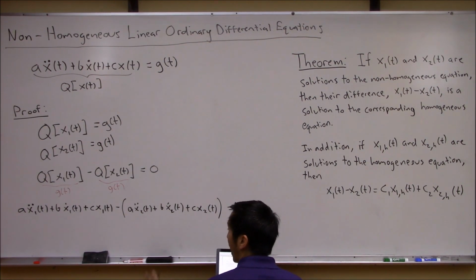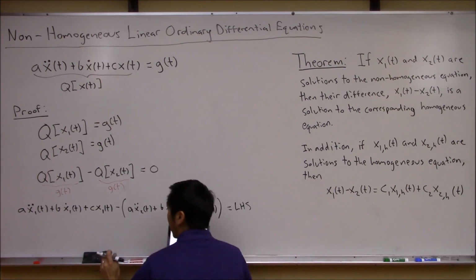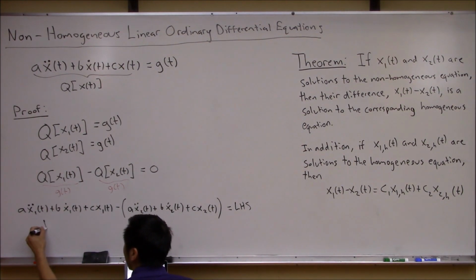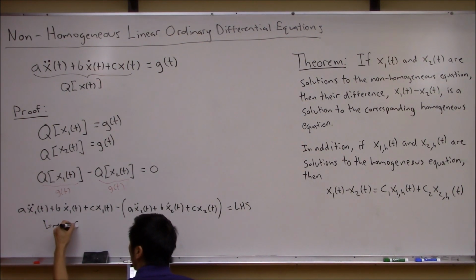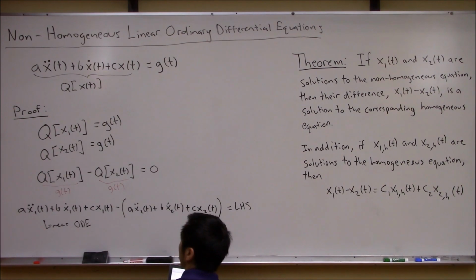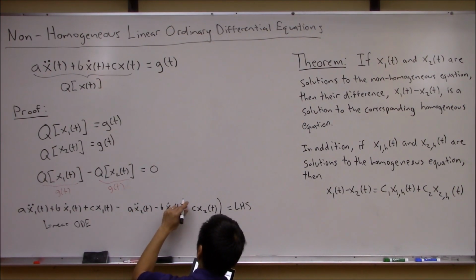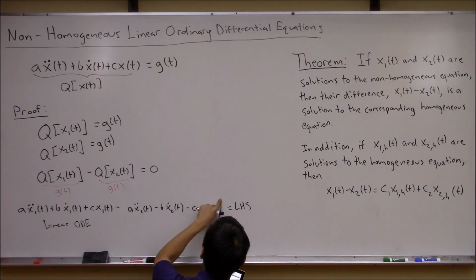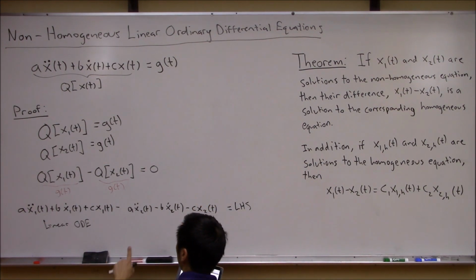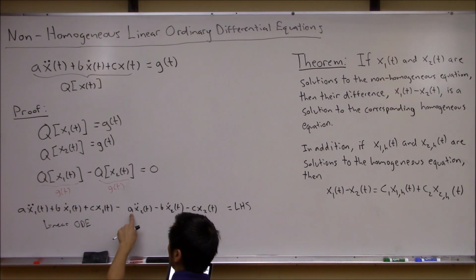Okay, great, and now this is where it's awesome that we are dealing with a linear ODE, because you can see what's going to end up happening. We can distribute this minus sign through. With a little bit more algebraic manipulation, let's collect the A's.